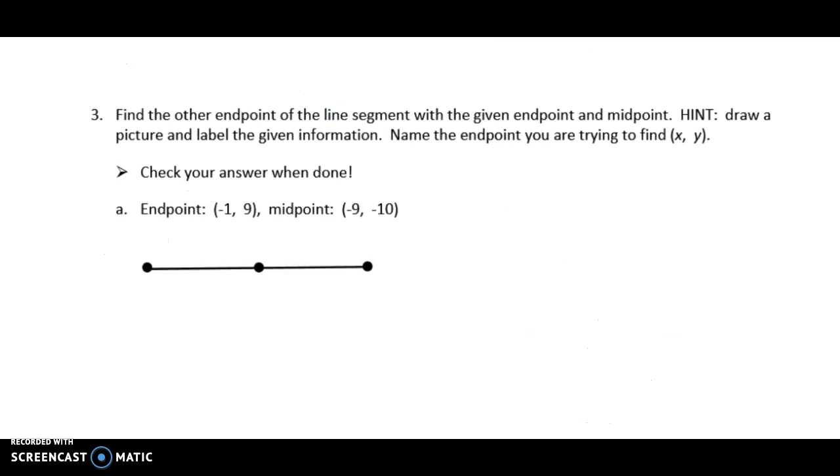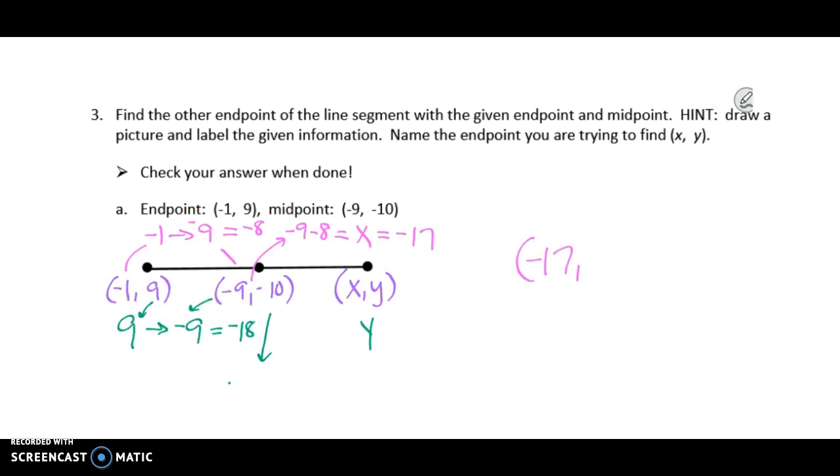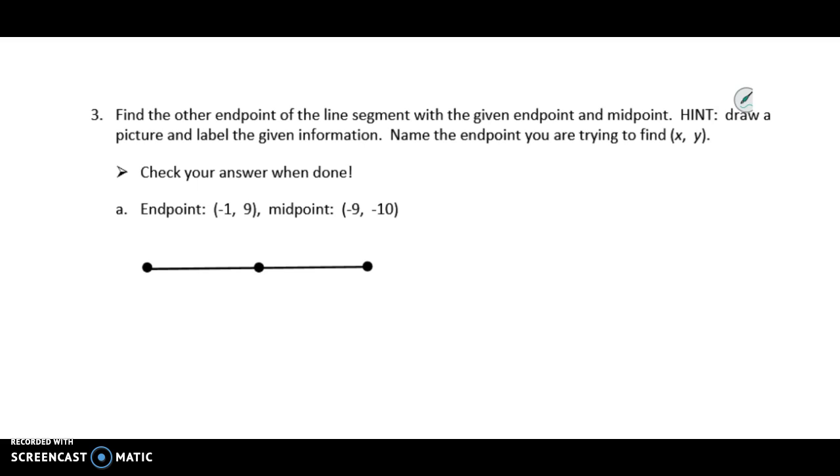So question 3. Find the other endpoint of the line segment with the given endpoint and midpoint. Hint, draw a picture and label the given information. Name the endpoint you're trying to find as an X and a Y. Alright, so what we'll do, start by labeling.